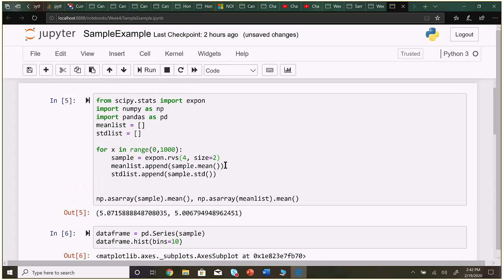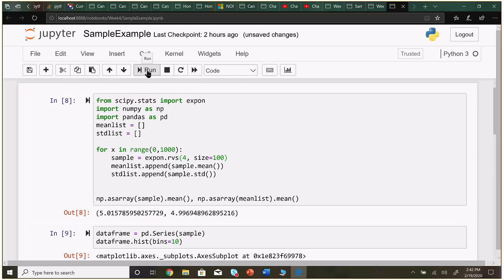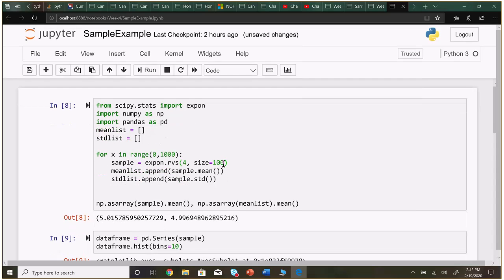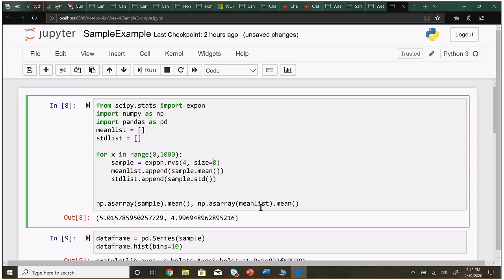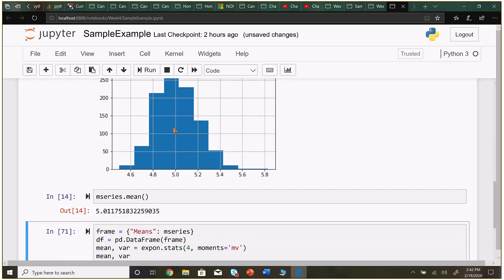As the sample size increases, we'll change it to 100, it gets closer and closer to the normal distribution. And at 30, it's close enough, is what statisticians who study this have said.